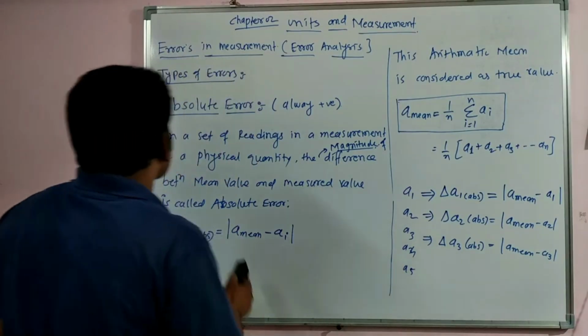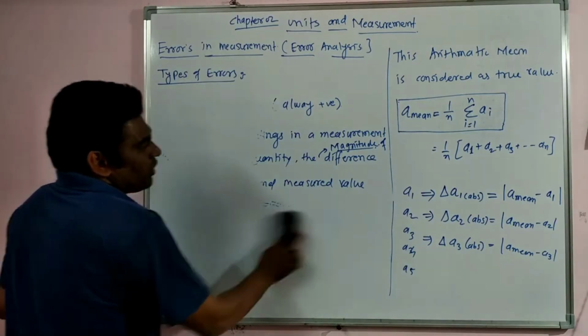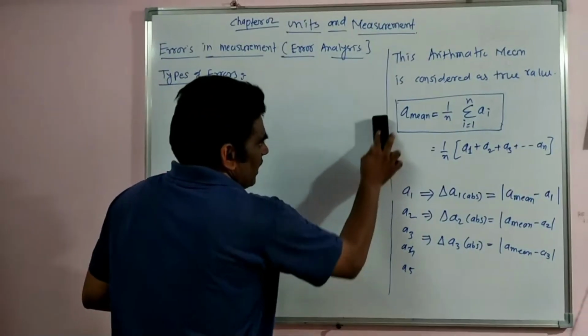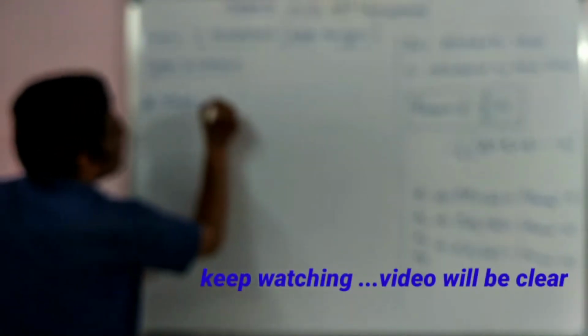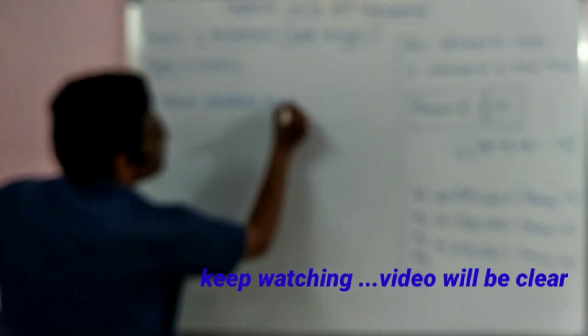Okay, so you note this down, then we will see another type of error. You can pause the video and note it down. I am going very slowly, so simultaneously with me we can write. Another is mean absolute error.